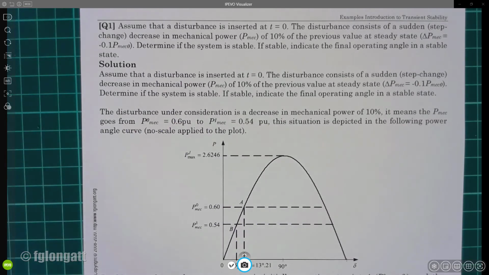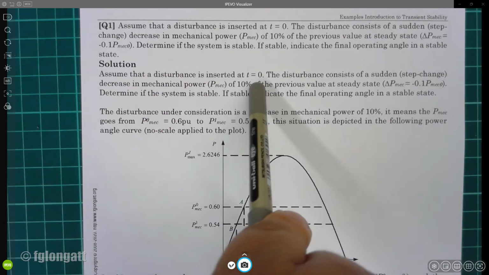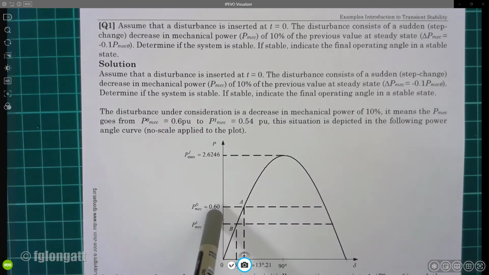What I am telling you is that we have this machine operating. We have an initial mechanical power here. The initial mechanical power is equal to the initial electrical power, 0.6 per unit. And then we have a reduction of 10%. 10% of 0.6, all my students, they are extremely clever, is 0.06 per unit. That means that the mechanical power will move from 0.6 to 0.54, okay?